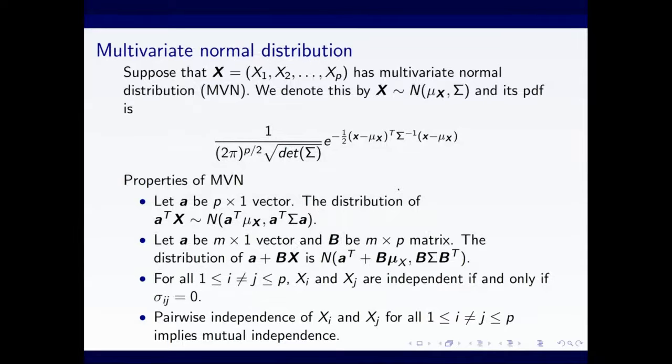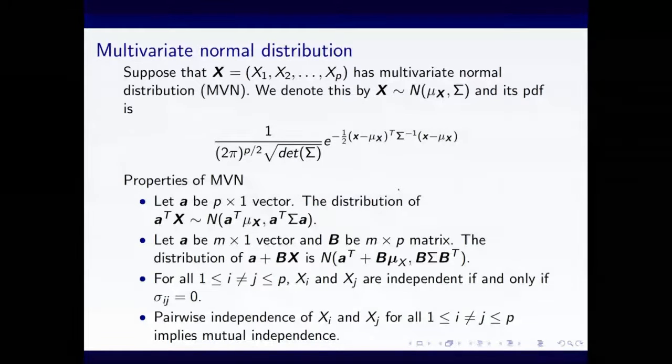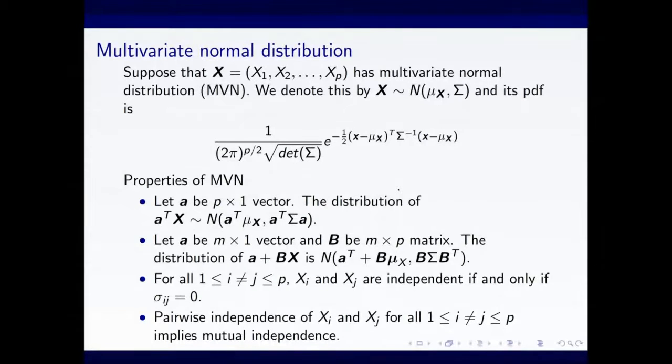And so I would like to define the multivariate normal distribution. We defined the bivariate normal distribution when we have two variables, and this is the more general form of the normal distribution when we have a random vector.